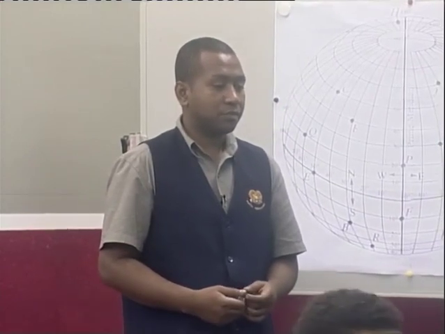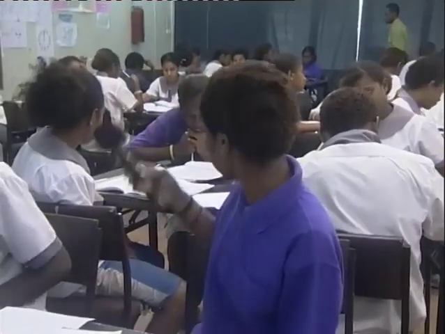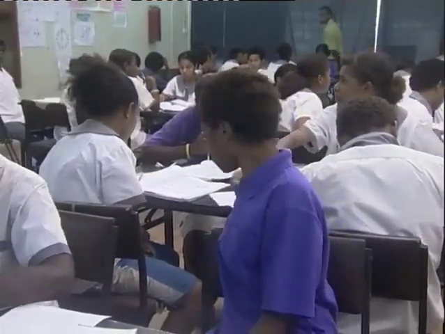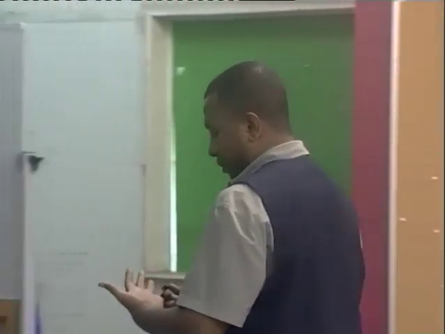The latitude for A is 30 degrees north. Very good. Group number 3. The latitude for letter B is 20 degrees south. Yes, correct.